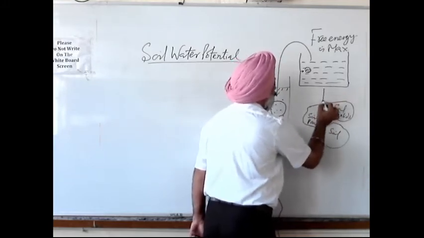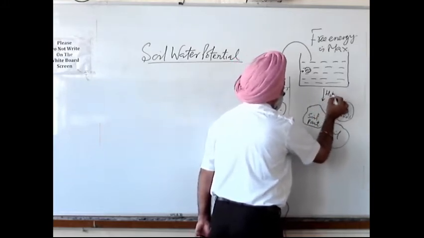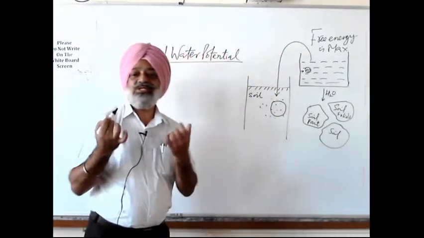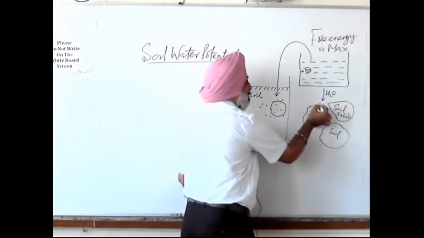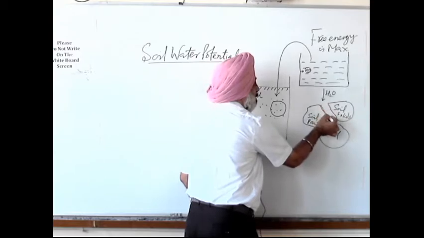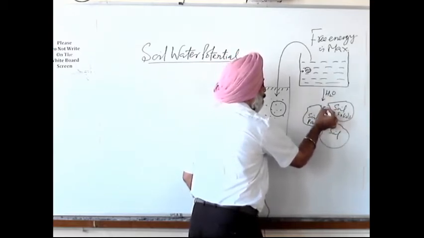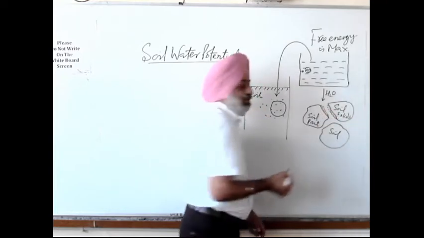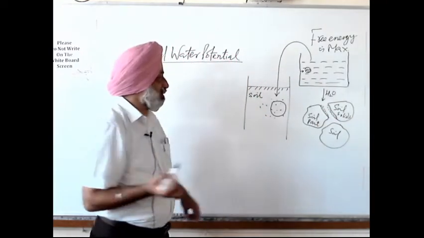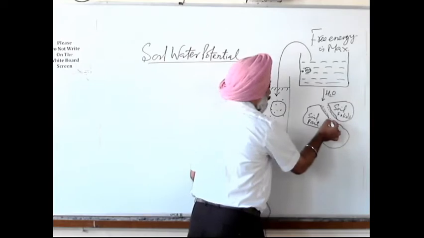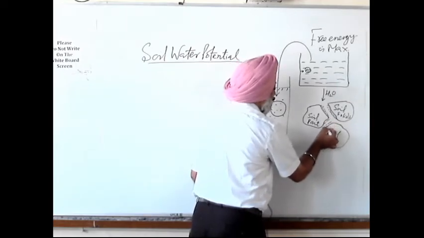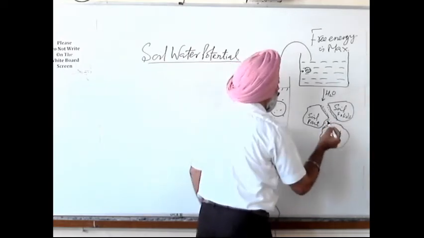Now when water enters into the soil, this water is immediately attracted by the soil solids. These soil solids attract the water molecules with what we call van der Waals forces of attraction. So water will be held strongly by these soil solids.